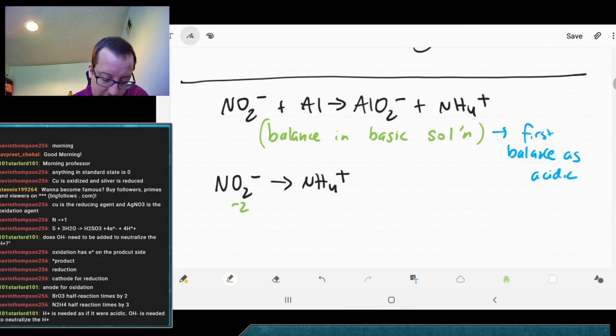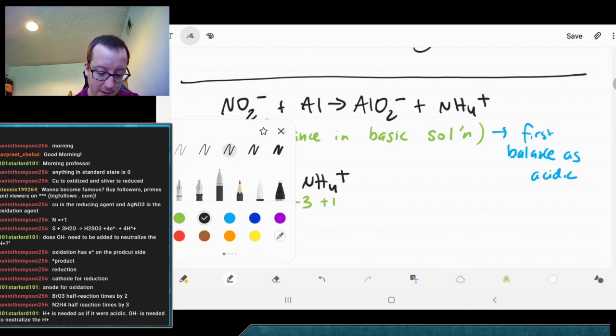We have -2, so this will be +3. We have +1, so this will be -3 as a result. So this is going to tell us we need 6 electrons right here, but we're kind of cheating by doing the oxidation numbers, but that's okay.